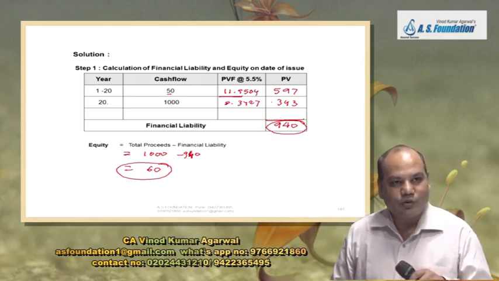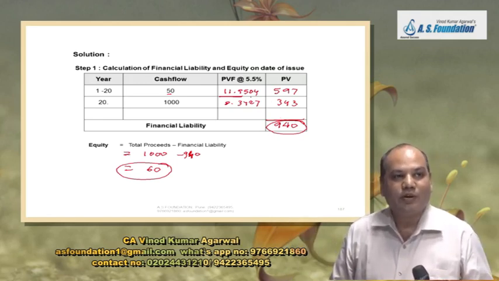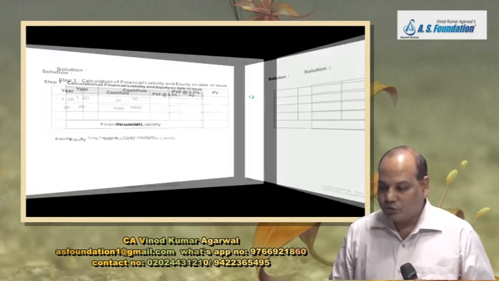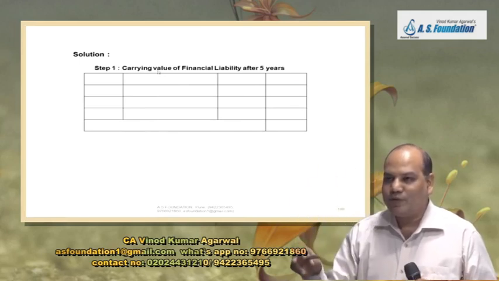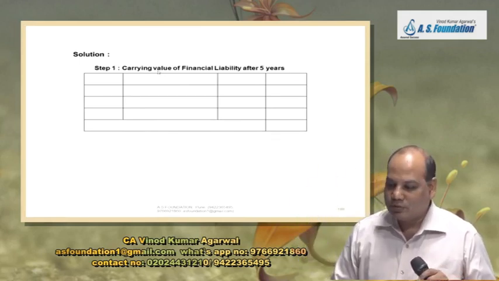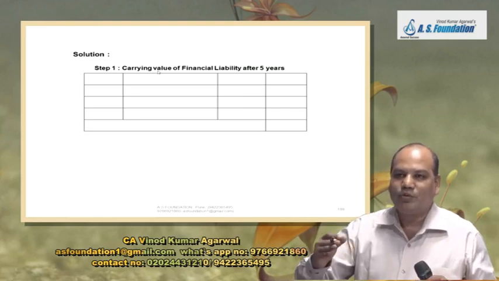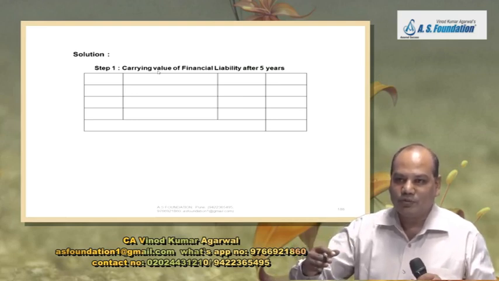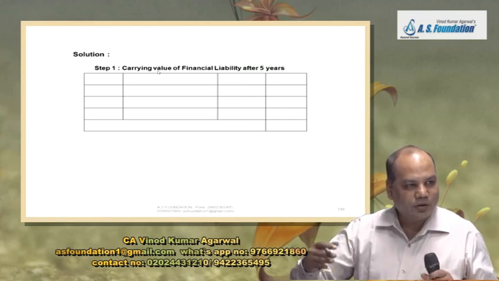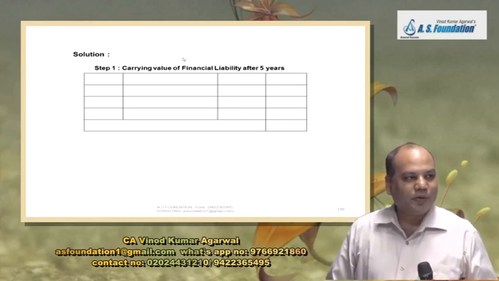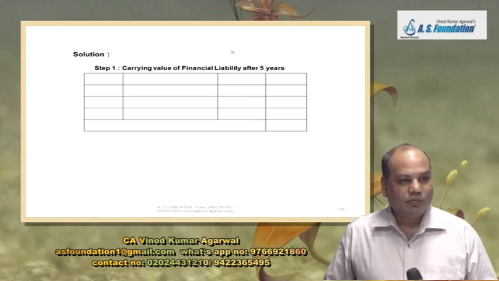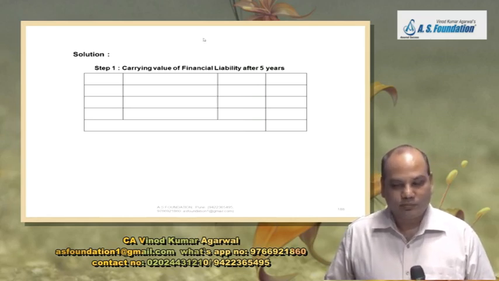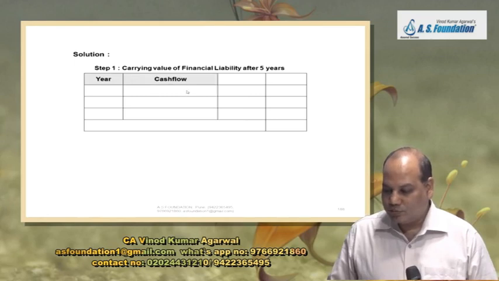After how many years did they take the decision to redeem the bond early? 5 years. So there is a shortcut. If you want to prepare the account for 5 years, you can do that. Otherwise, you can simply calculate the present value at the end of year 5. What do you want to do? Present value. Answer will be the same. You can check as homework.